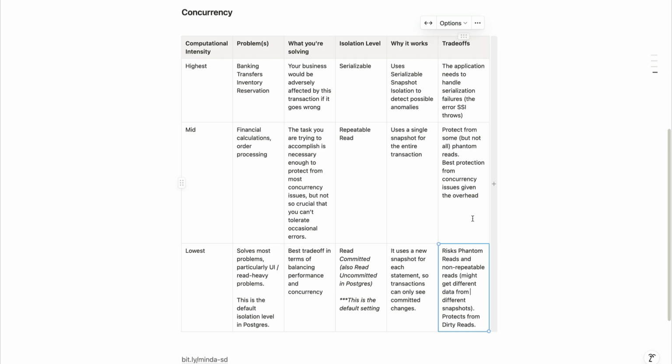Postgres protects from some of these kinds of reads at the repeatable read level, but not all. The only level that will protect from all of these cases is the serializable snapshot. What serializable snapshot isolation, SSI, does is it has ways of checking concurrent transactions to see if they are making changes to the database, and it will only allow one of those transactions to complete.